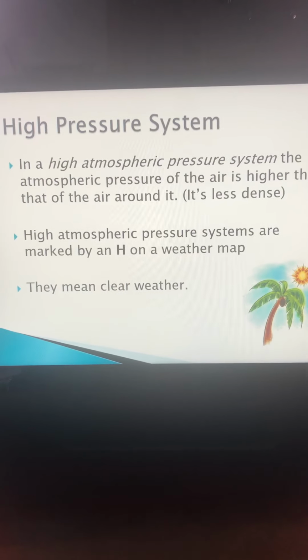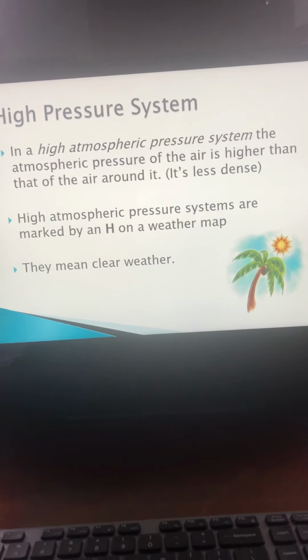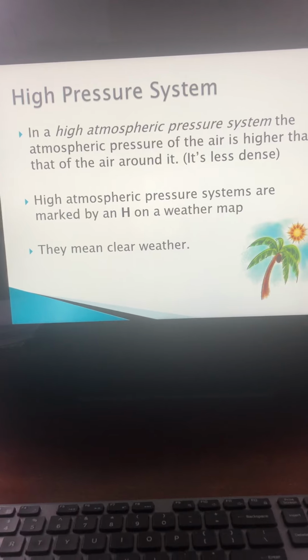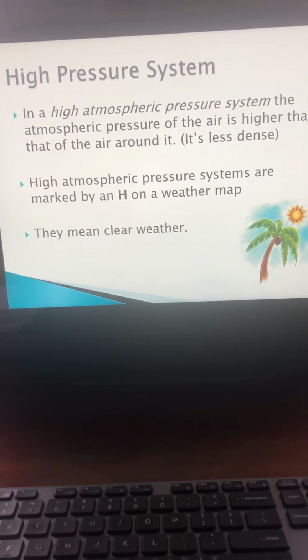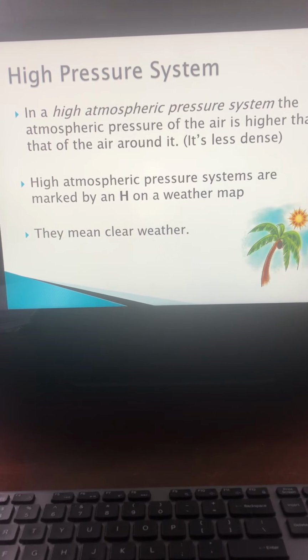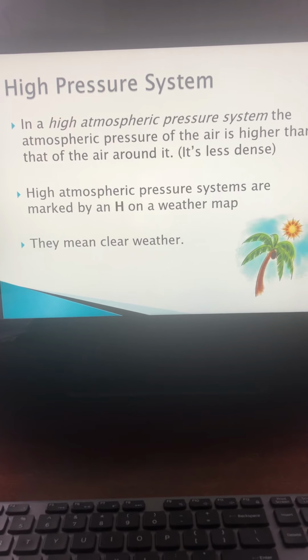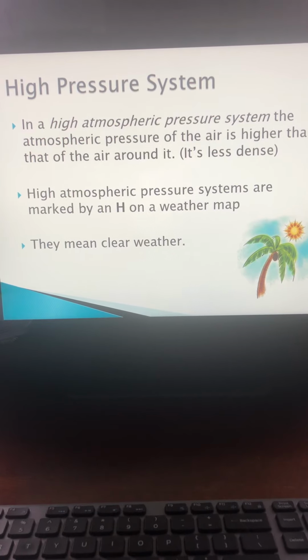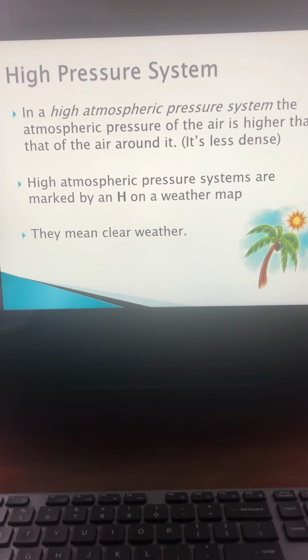Okay, those other slides we were just going to not do. But we're going to move to this one on a high pressure system. If the air is in a high pressure system, then the atmospheric pressure of the air is higher than the air around it, and that just means that it's less dense.